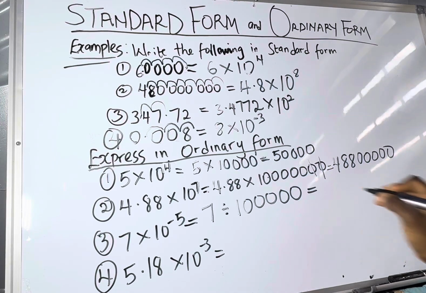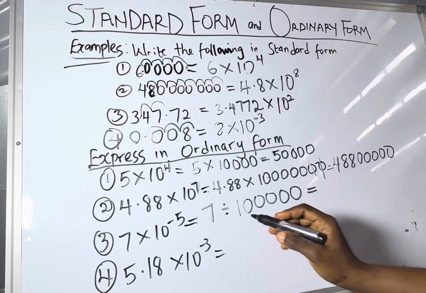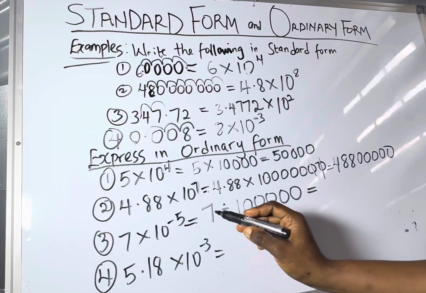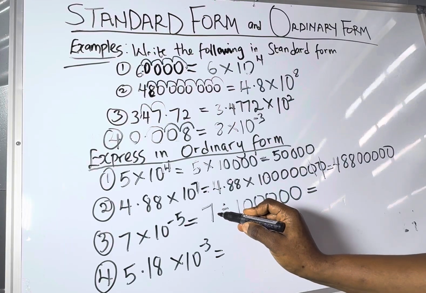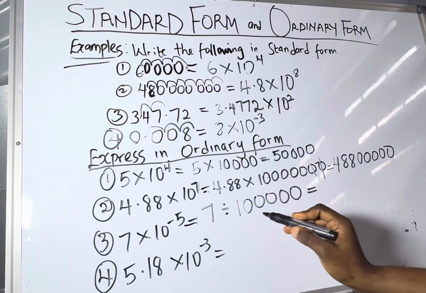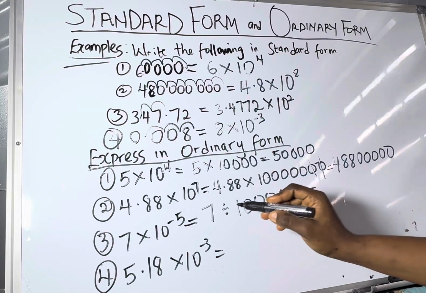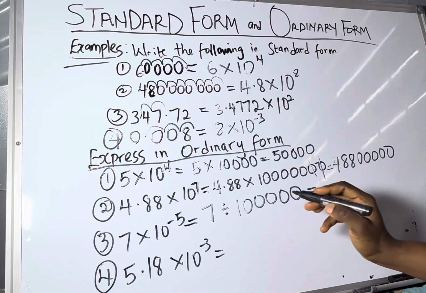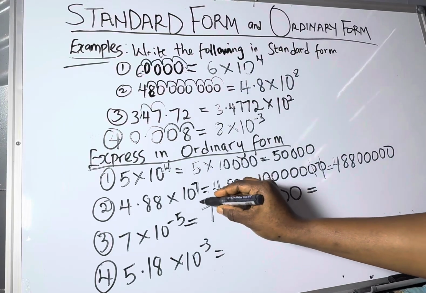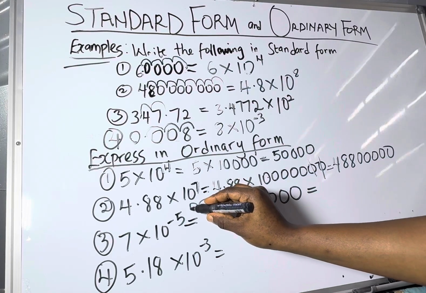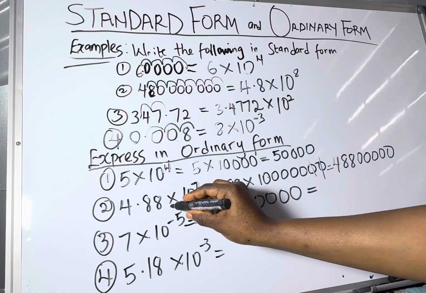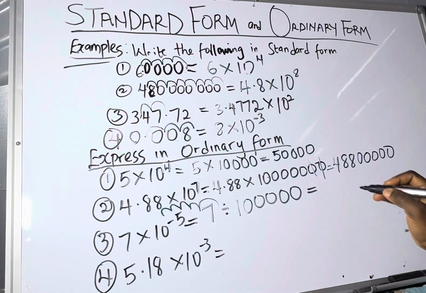Now, I'm going to count the decimal places from behind, how many places? 1, 2, 3, 4, 5.